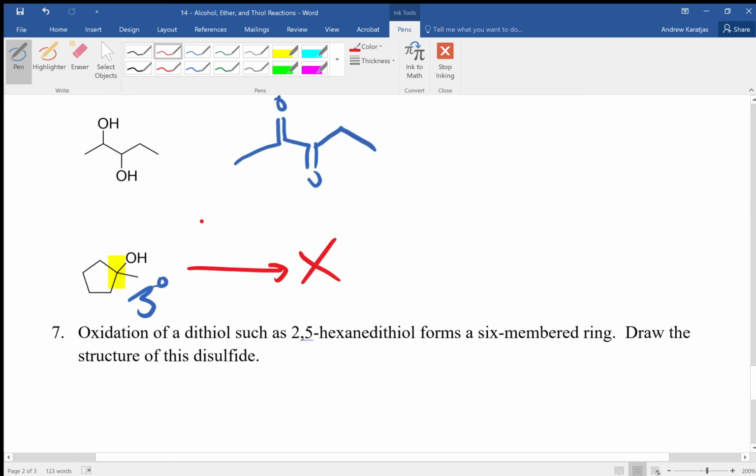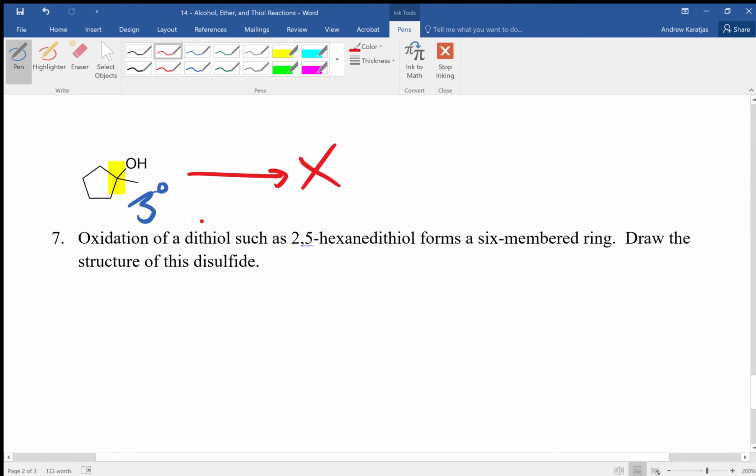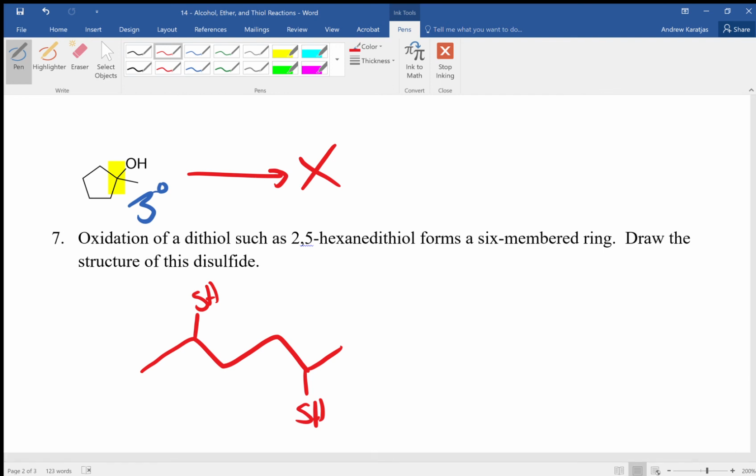All right. Finally, number 7, we're dealing with this compound 2,5-hexane dithiol. And we're saying that oxidation of it forms a 6-membered ring. So remember what happens when we oxidize a thiol.